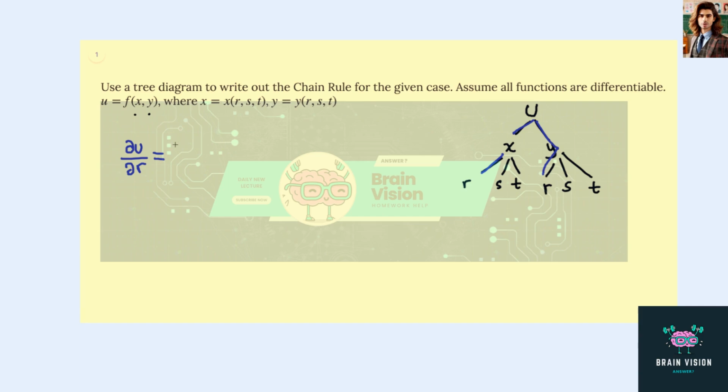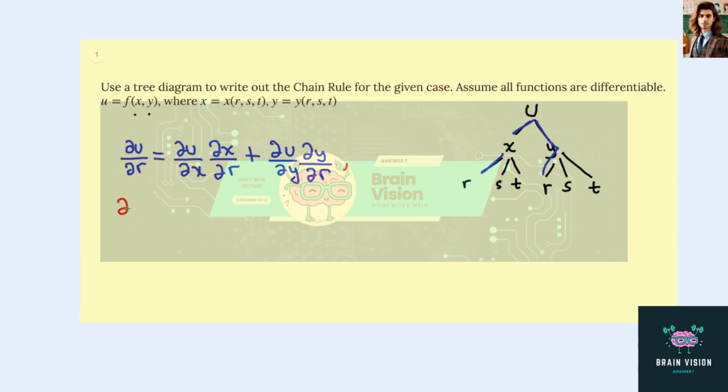So we have the derivative of u with respect to x, and then the derivative of x with respect to r. And similarly, the derivative with respect to y. So that's our first expression, one of the derivatives using the chain rule.